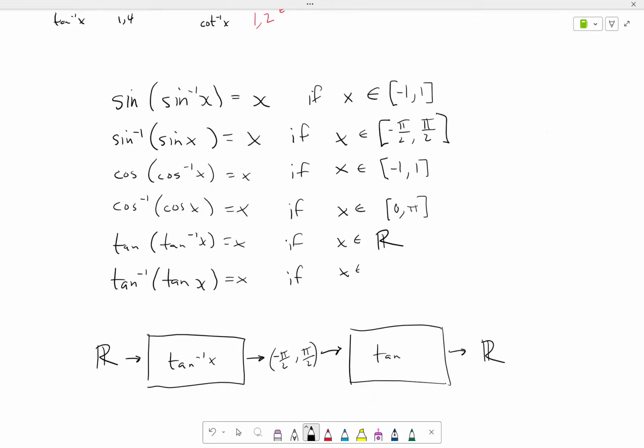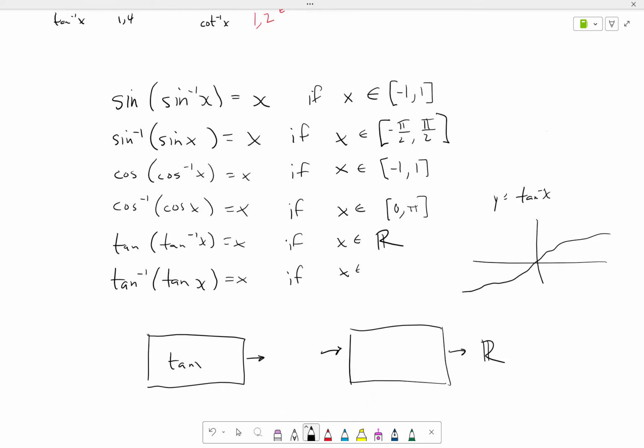Tangent has the asymptotes. Yeah, so tangent inverse looks something like this, right? Tan inverse. So you could plug in anything. That's fine. All real numbers go into it.